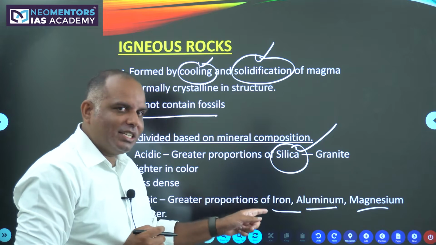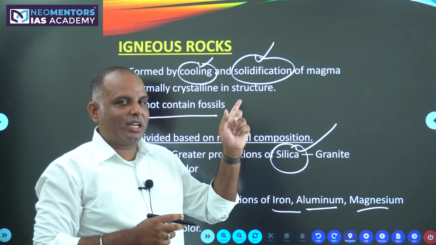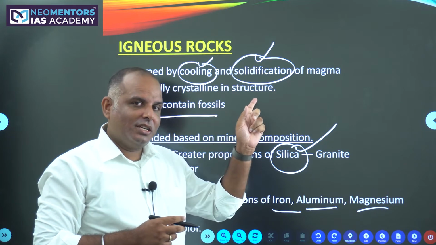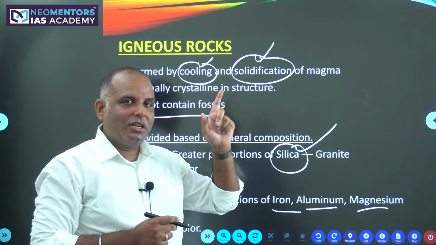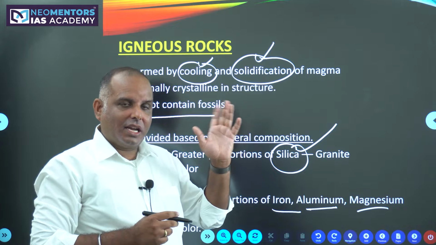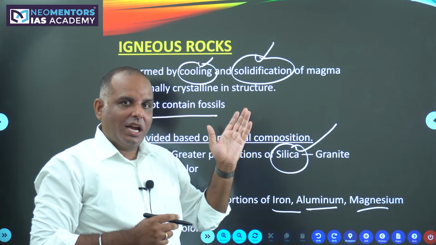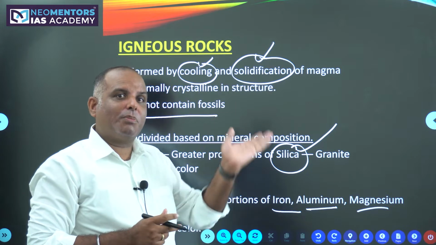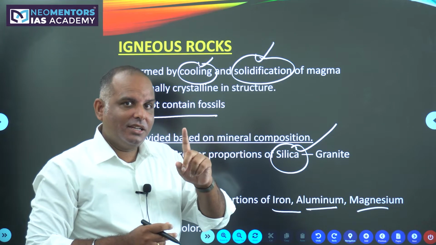If you can relate this to our oceanic crust and continental crust, there we are talking about continental crust being granitic in nature, right? More of granitic in nature, and the oceanic crust being more basaltic in nature, right?